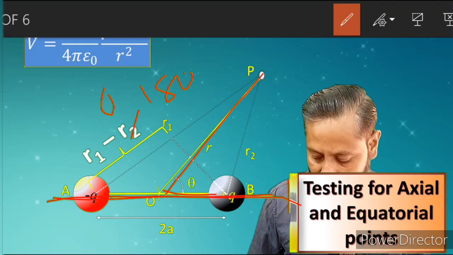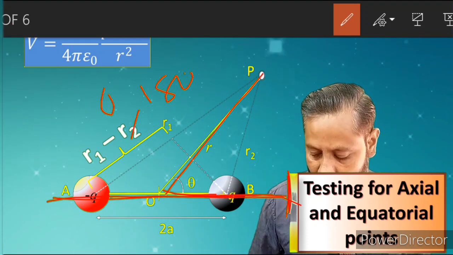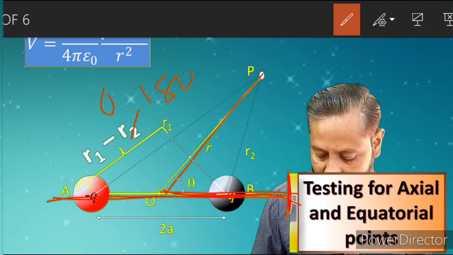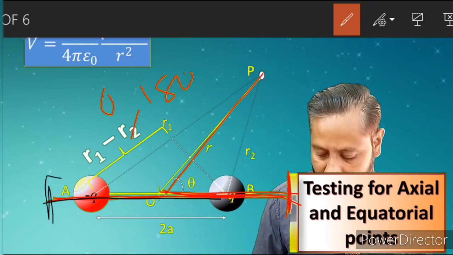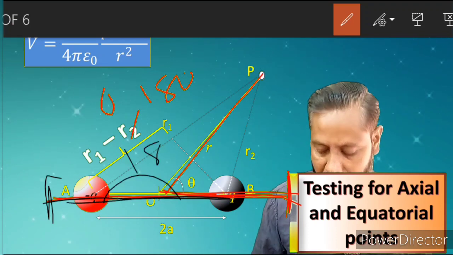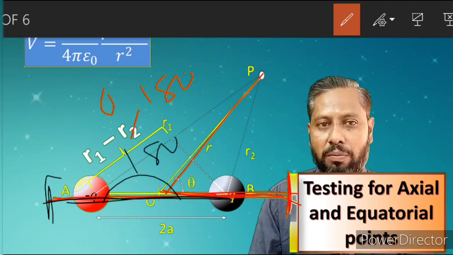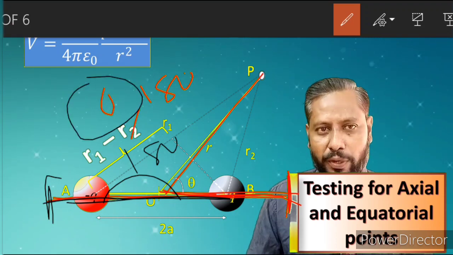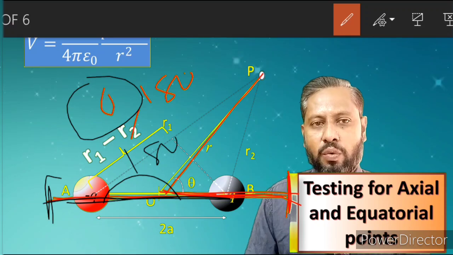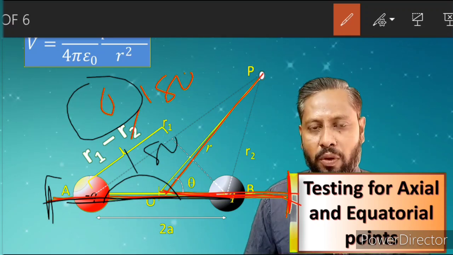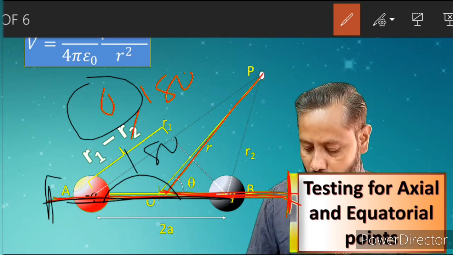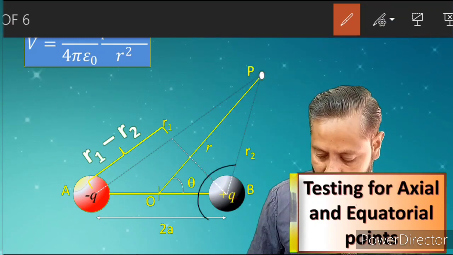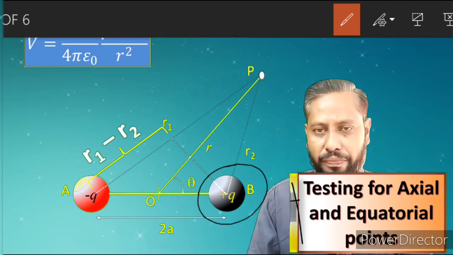If our point is lying towards this side, then theta is 0, and if it is lying towards this side, then the angle is 180 degrees. If theta is 0, the potential is simply V is equal to 1 upon 4 pi epsilon 0 P upon R square, and the value is positive. We are towards the positive charge, so the potential is positive.